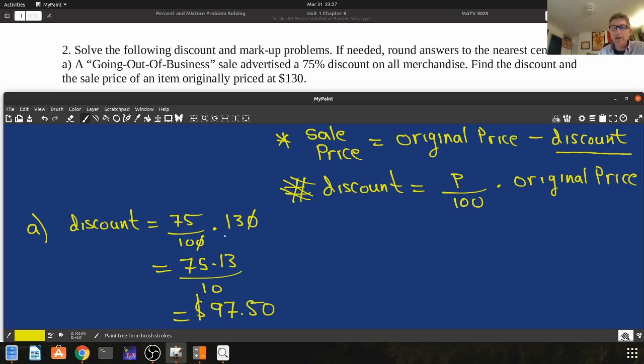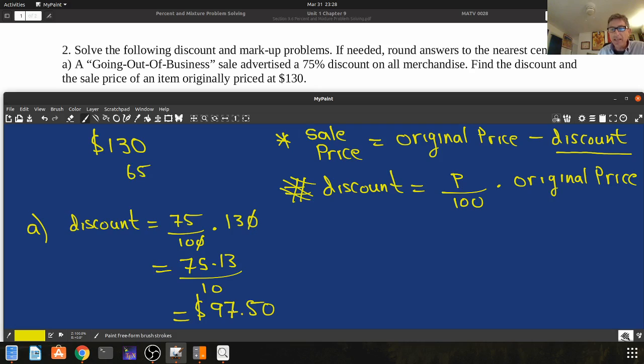But let's stop and let's think about whether that makes sense. If the original item was priced at $130 and it was discounted 50%, then the discount would be $65 off.